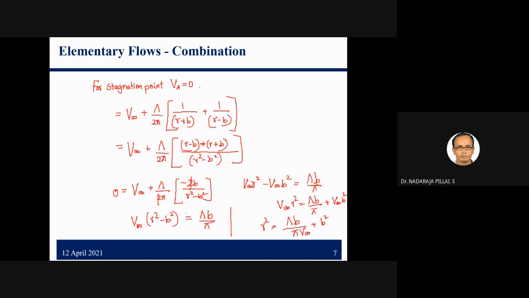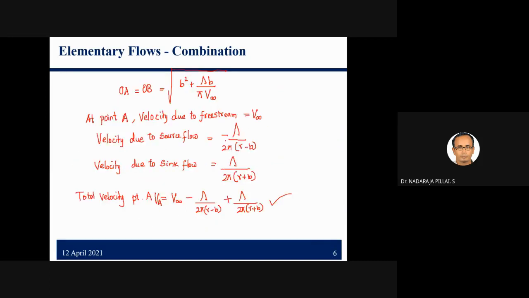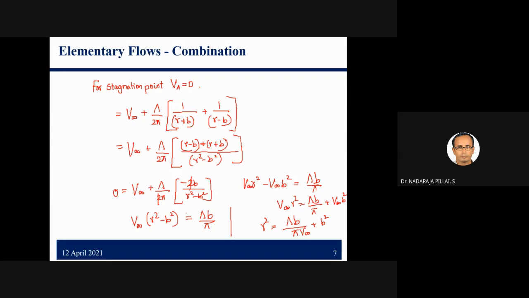So please take this, right? So we consider at point A, V infinity is the free stream velocity, and then velocity due to the source flow, velocity due to the sink flow, and another point is that we have a stagnation point where VA is equal to 0.